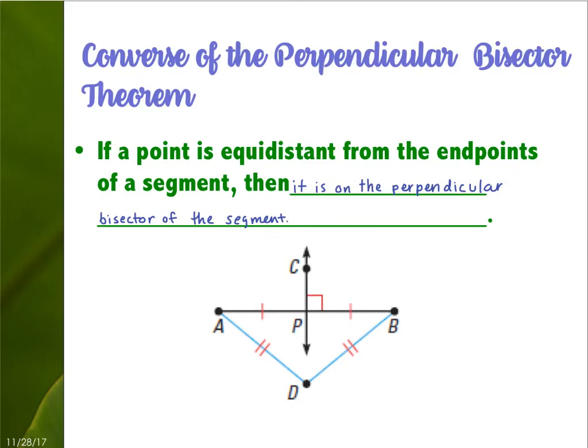So here we have D is equidistant to the endpoints, so D is going to fall on the perpendicular bisector, which is CP. So D is on the line CP.